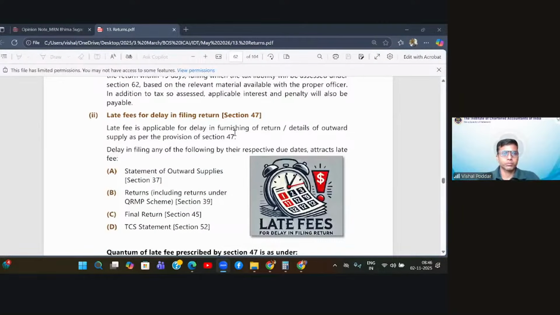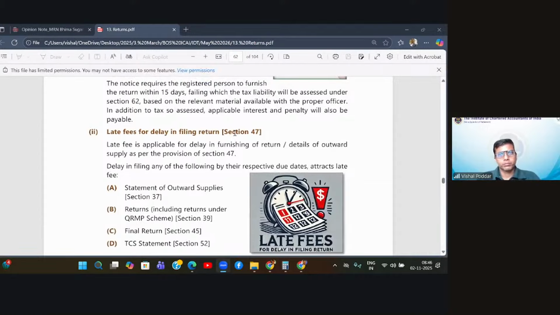Late fees for delay in filing return, Section 47. Late fees are applicable for delay in furnishing of returns and details of outward supply as per the provisions of Section 47. Delay in filing any of the following by the respective due dates attracts late fee: statement of outward supply, Section 37; returns, including returns under the QRMP scheme, Section 39; final return, Section 45; and TCS statement, Section 52.